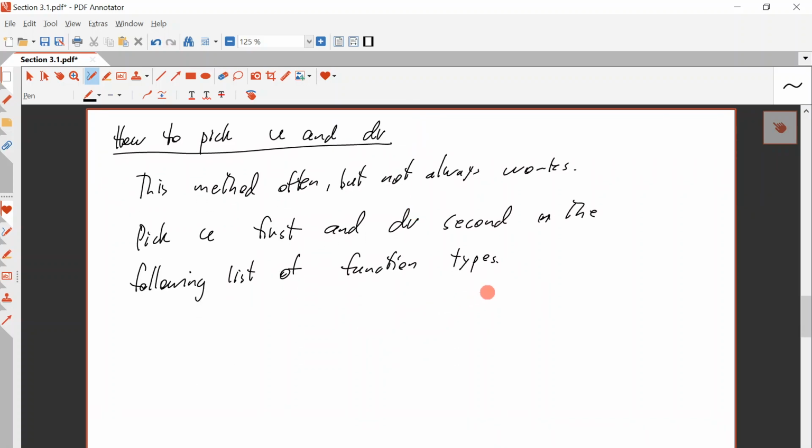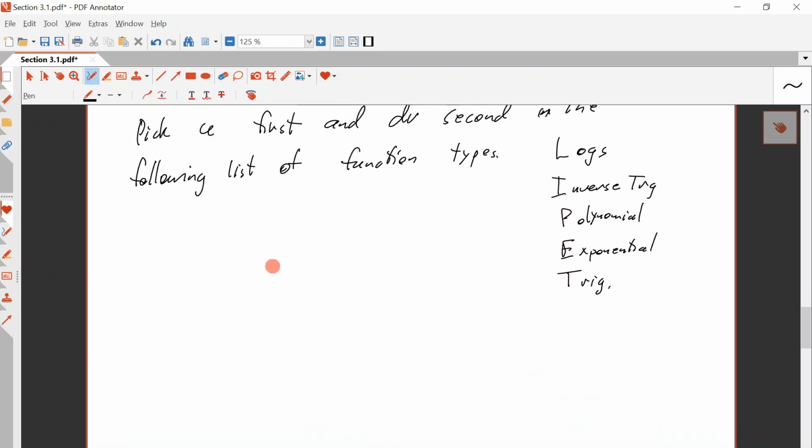So we've got L for logs, I for inverse trig functions, P for polynomials, E for exponentials, and T for trig functions. So given a product of two functions, logs, inverse trigs, polynomials, exponentials, and trig functions, pick u and dv in that order. U to be higher up on the list and dv to be lower down on the list. Okay, this will often work.